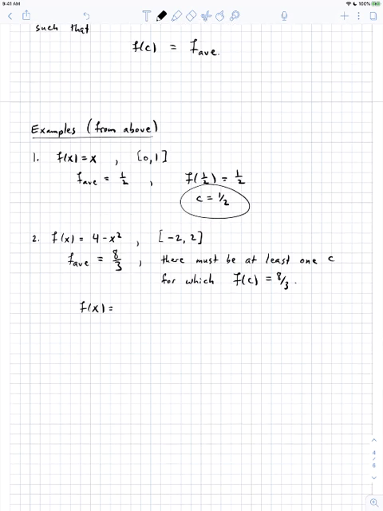f of x equals 8/3. Solve for x. Well, f of x is 4 minus x squared equals 8/3. So what we can do now is solve for x squared first. Minus x squared is equal to 8/3 minus 4. Well, you want to give these a common denominator, so you multiply by 3/3.